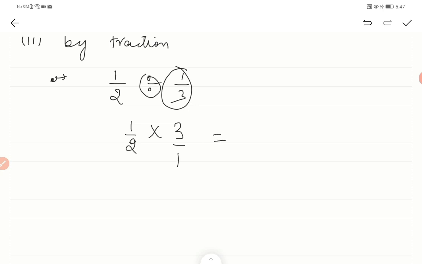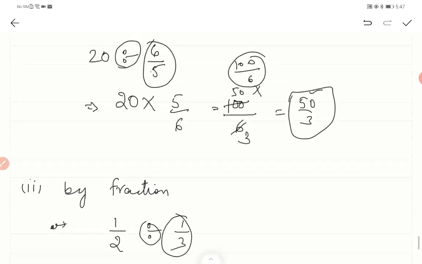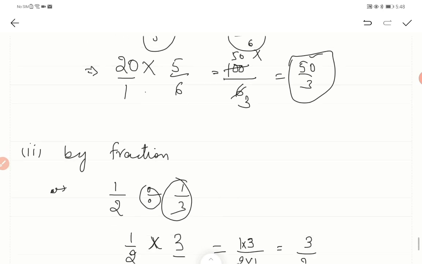Now, in multiplication, you multiply numerator with numerator and denominator with denominator. So this will be 3 by 2. Isn't it the same we did? You can take this as 20 by 1. So 20 into 5 will be 100 divided by 1 into 6, which is 6.